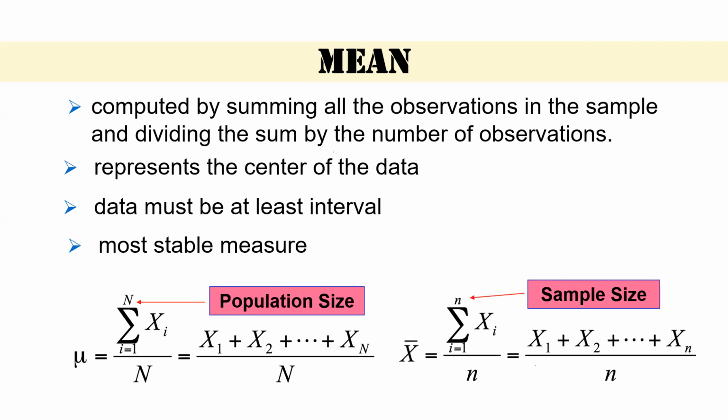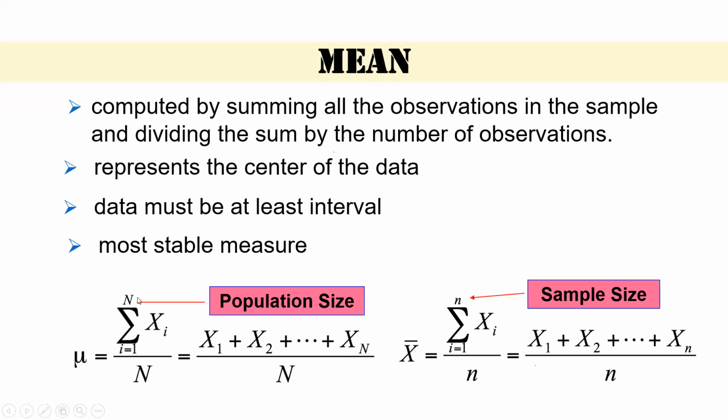Okay. So we have here 2 different notations. So we have here mu, and you see in this summation symbol, capital N on top of it. And here it's just small n. So this is the notation for the population mean. And this is the notation, the X bar, for the sample mean.